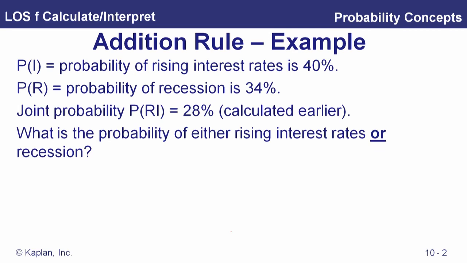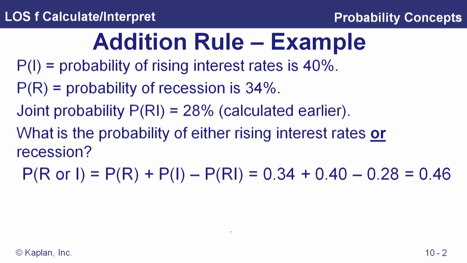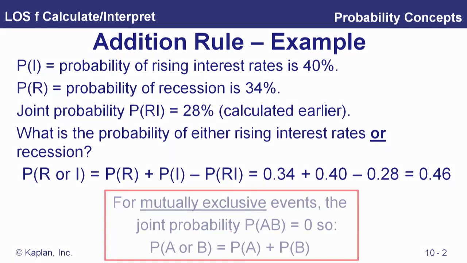So if we want the probability of either an increase in rates or a recession, we add those unconditional probabilities together and subtract off that joint probability. So we end up with a 46% probability that we'll have either a recession or an interest rate increase.